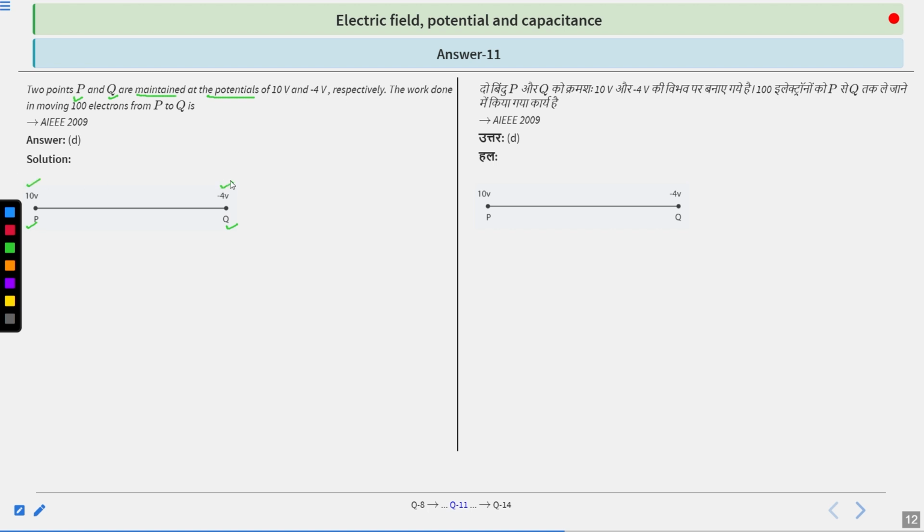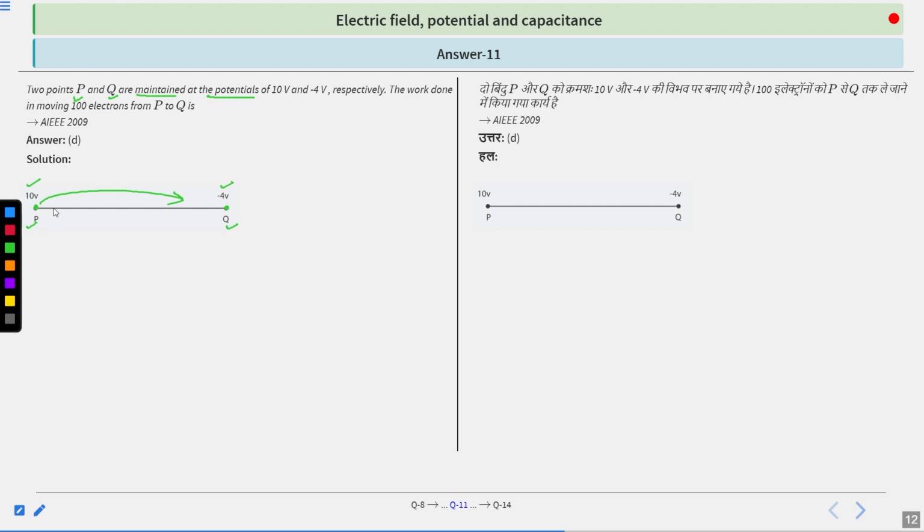From point P to point Q, 100 electrons are moving. Clear? So in that case, what will be the work done in moving 100 electrons?